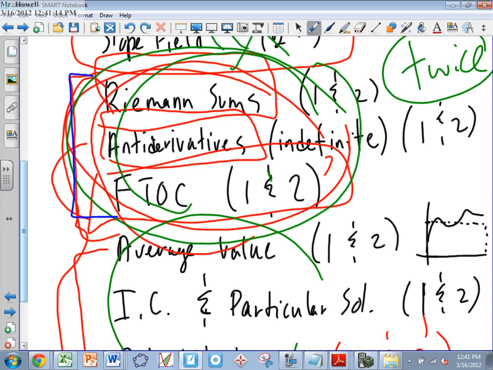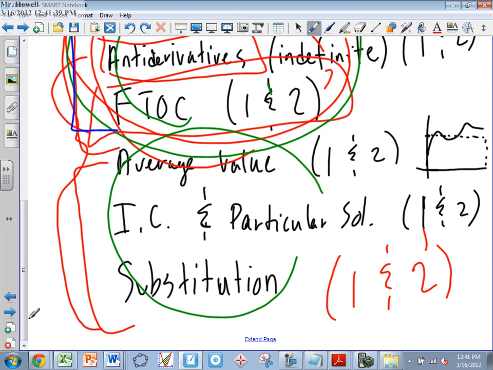Riemann sums, antiderivatives, indefinite. It's good that we grouped it this way, actually, because these are all very similar. This has to do with the area under the curve, which is the integral, which happens to be a definite integral also. And then we start looking at more difficult stuff: average value, initial conditions, substitution. So it's probably good that we did it this way.